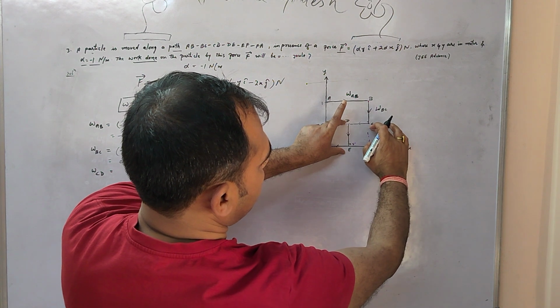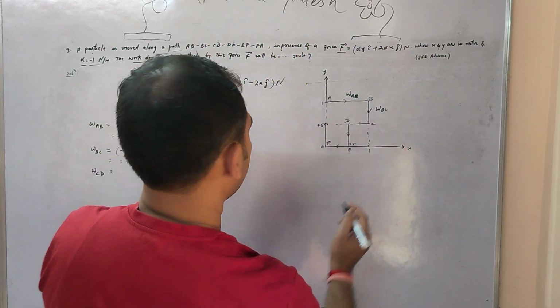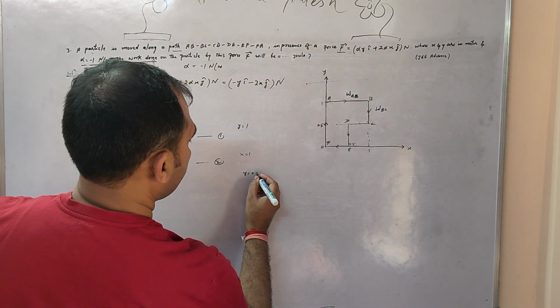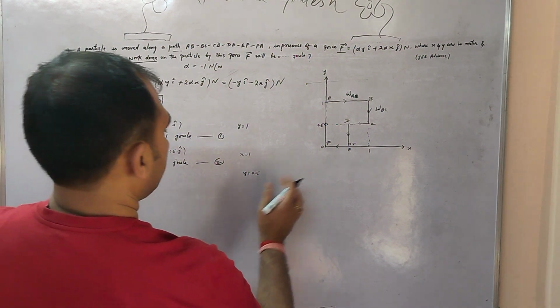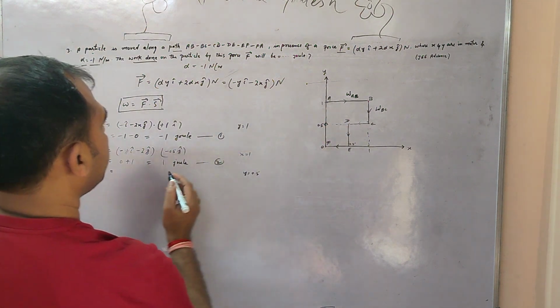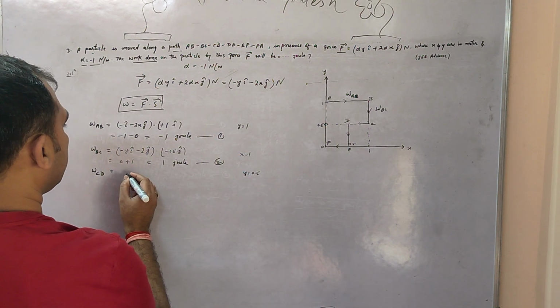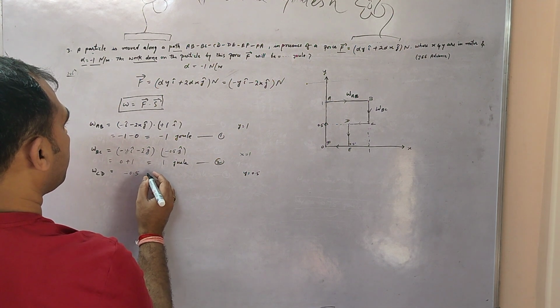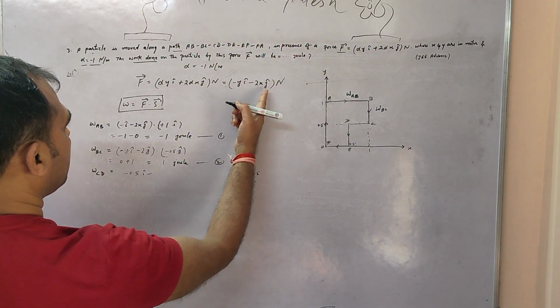This is constant throughout CD. So y will be constant, that is 0.5. Now put the value of y to find the force F CD. So this will become minus 0.5 i cap minus 2x j cap.